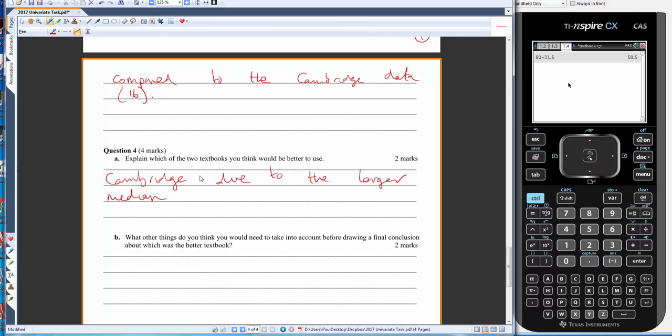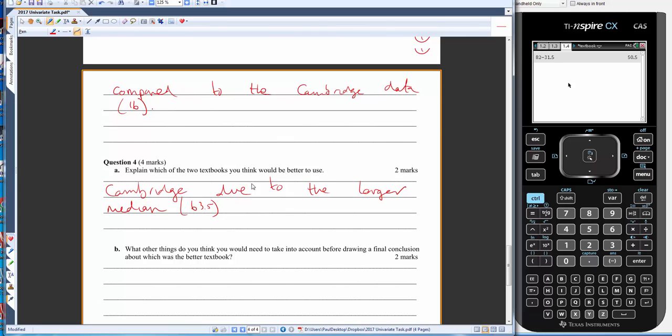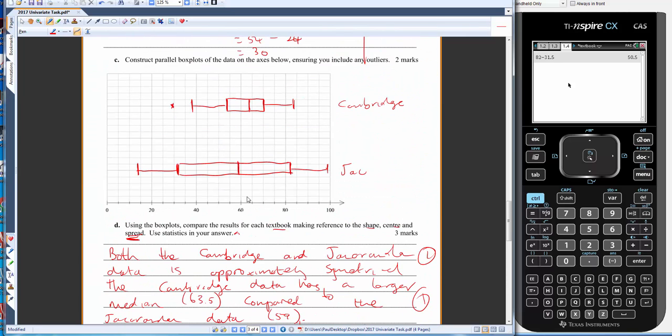Okay, and because it has a larger median, I think 63.5, it basically means that on average students perform better when using that Cambridge textbook. But the other reason I'd use it is there's much less variability in the Cambridge results as opposed to the Jacaranda. So these were splayed all over the place, the Jacaranda data results, whereas the Cambridge data was a lot more predictable.